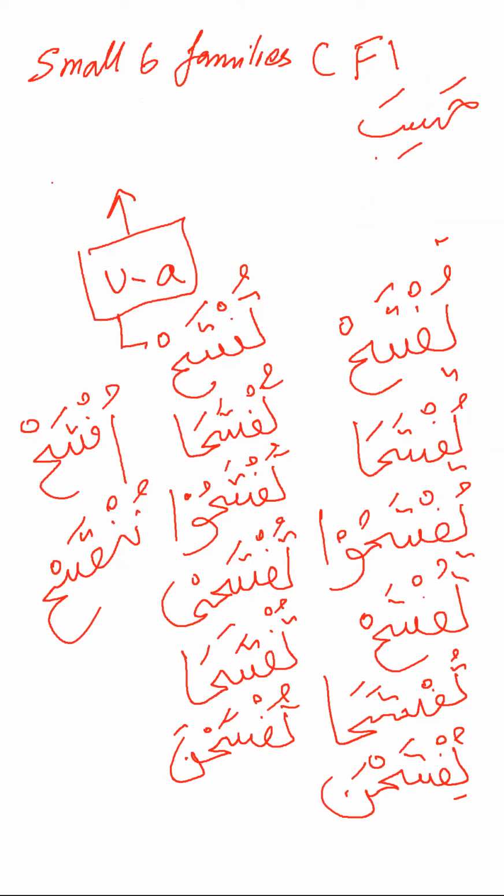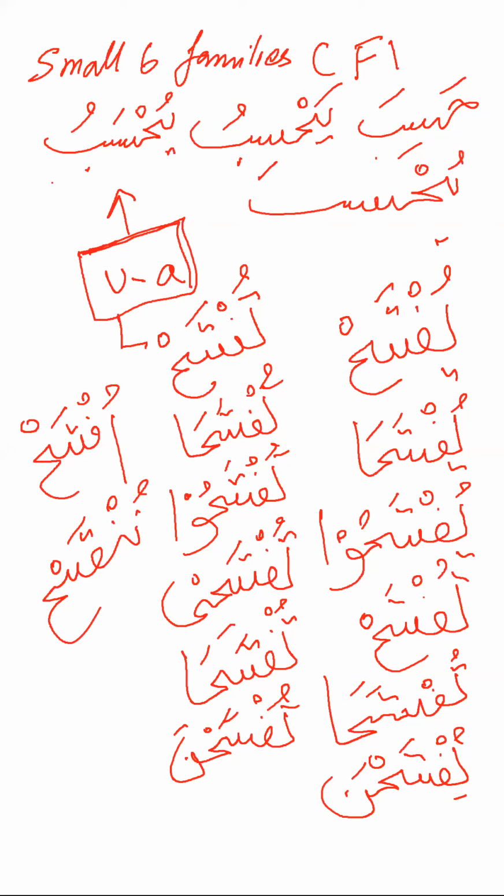I'm doing the same mistake. Yahsibu. What will be the passive form? Yuhsabu. Remember the oo sound, right? Yuhsabu. What will be the lightest? Yuhsab. Okay. Can somebody do the conjugation with yuhsab, please?